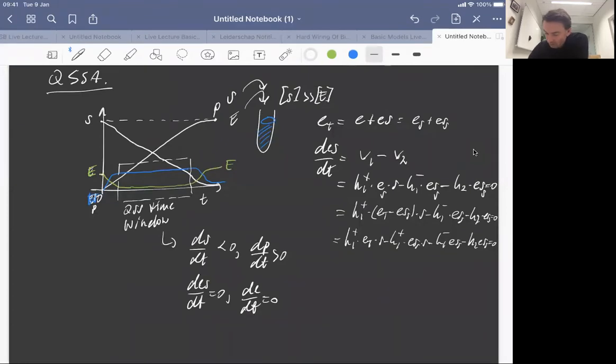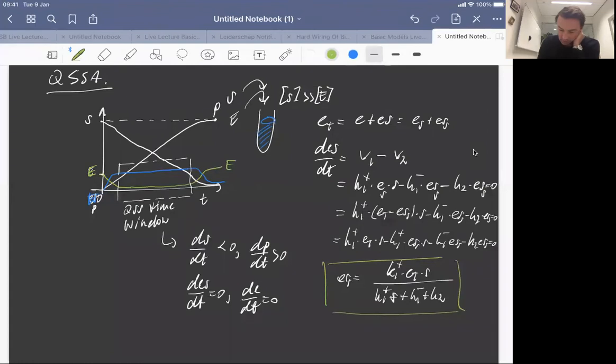Now I can solve for ESS. So ESS is going to equal K1 plus times E total times S divided by K1 plus multiplied by S plus K1 minus plus K2. Okay, so this is now the equation for the quasi-steady state concentration of ESS.